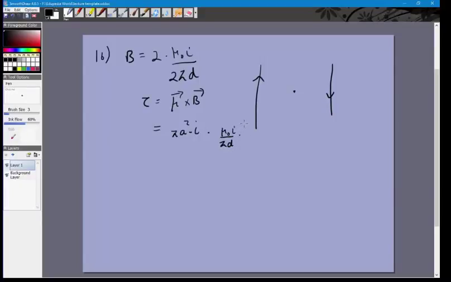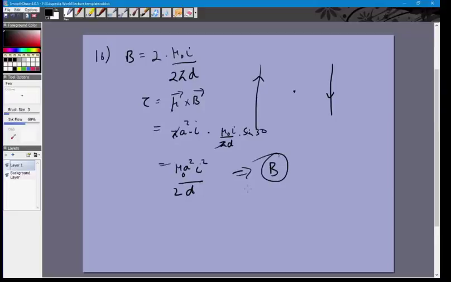And since it's rotated by 30 degrees, this will be sine 30. So which gives me pi and pi cancel, a squared mu naught a squared I squared by d, and there's a 2 here because of sine 30. So that gives me the answer as option B. So the answer to question 16 is B.